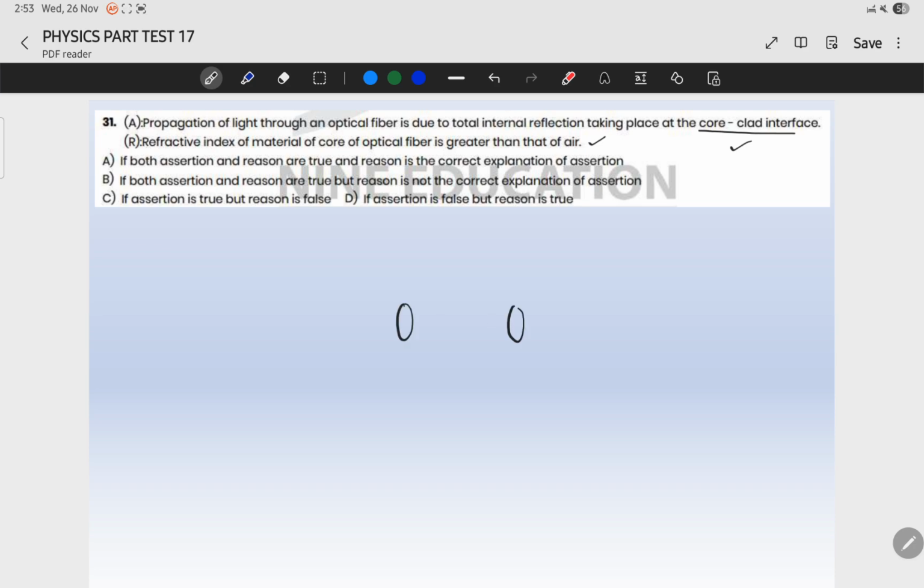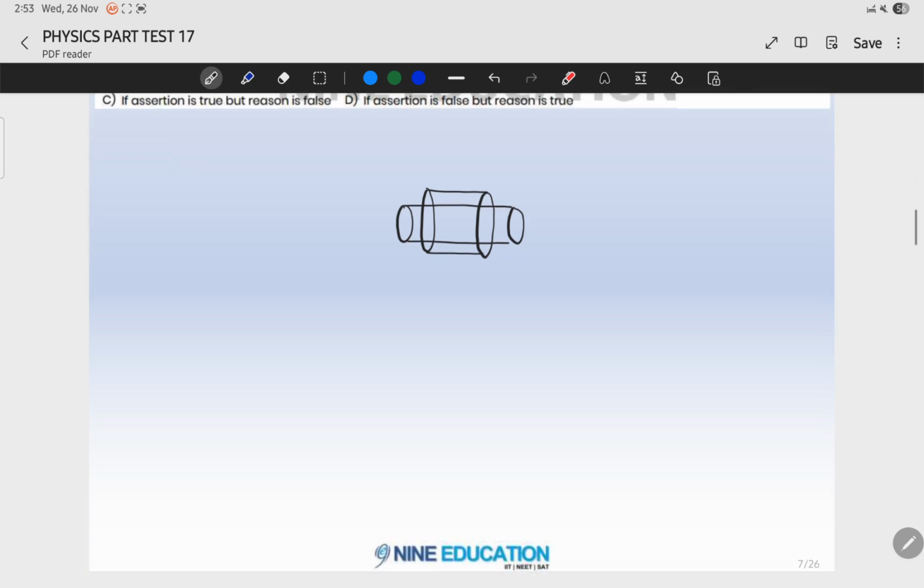So the core should have more refractive index than the cladding, and it is saying greater than that of air, which is true, but it does not explain anything about TIR. So option is B. If it was cladding here, then it would be A.